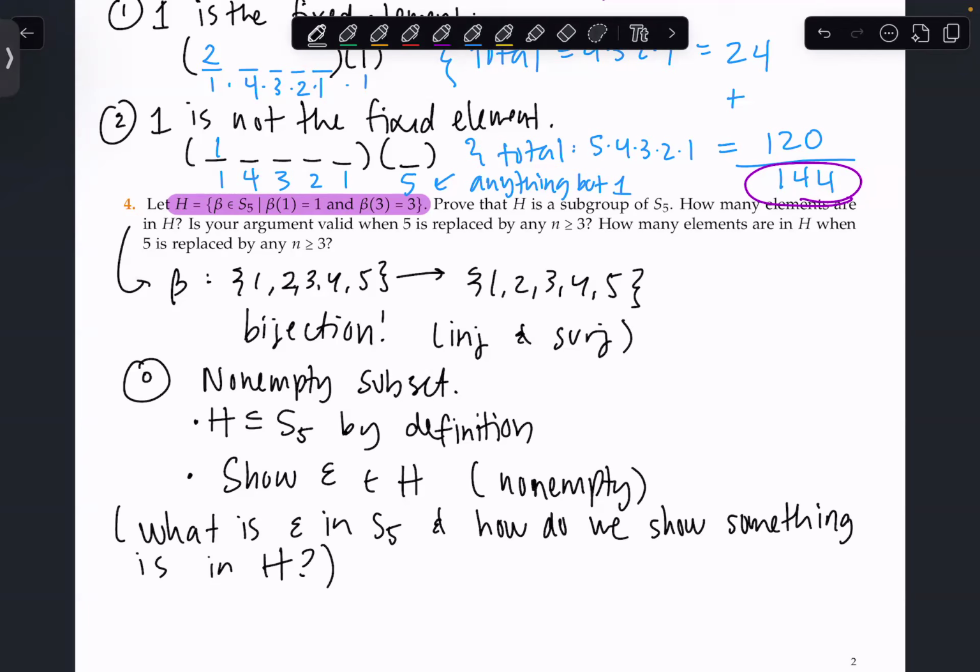So here I can think identity function, which fixes every single element, or in my cycle notation, I would write 1 goes to 1, so 1 cycle here, 2 goes to 2, 3 goes to 3, 4 goes to 4, 5 goes to 5.